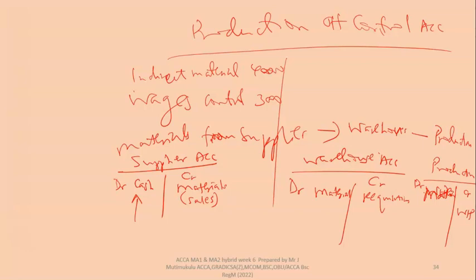So you can see that when we are receiving, we debit, but when we are transferring, let's say the warehouse is transferring, they have to credit materials so that it is received in the production department.